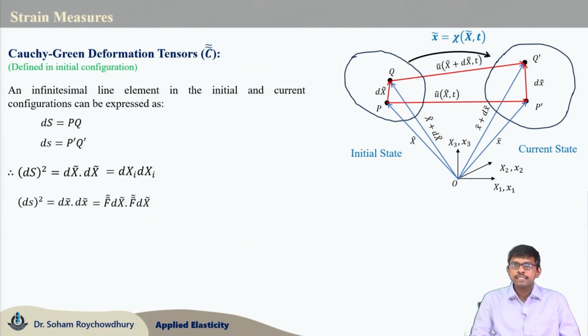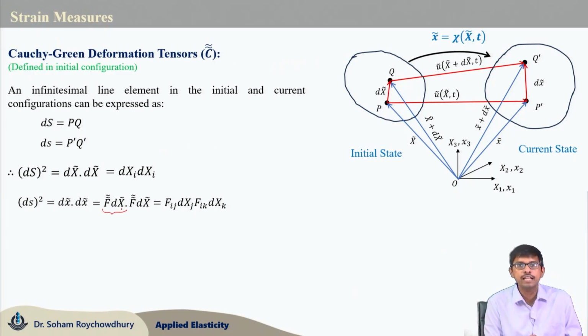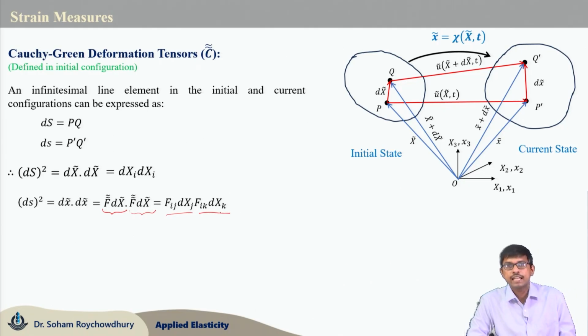Now, d small x is nothing but F acting over d capital X. So, this quantity is F d capital X dot F d capital X. If you try to write this in indicial notation, the first F acting over d capital X is written as F i j d capital X j, the second one is written as F i k d capital X k. So, d capital X j and d capital X k are two vectors, and F i j and F i k are two tensors.